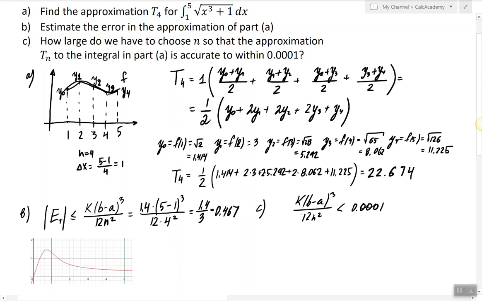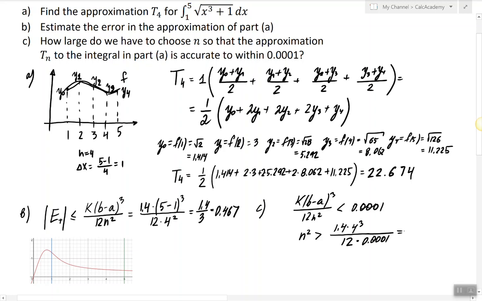And we already know what K, b, and a are, so the only unknown here is n. So to solve for n, we just isolate n squared on one side, replacing K with 1.4, replacing b minus a with 5 minus 1, which gives us 4 cubed, dividing it by 12, and dividing it by 0.0001.